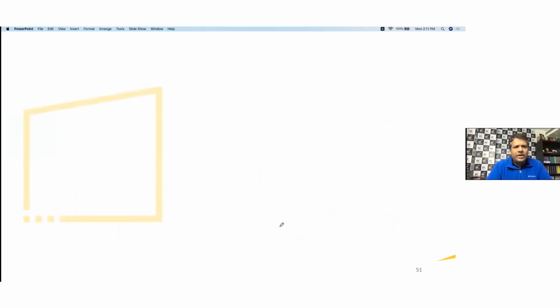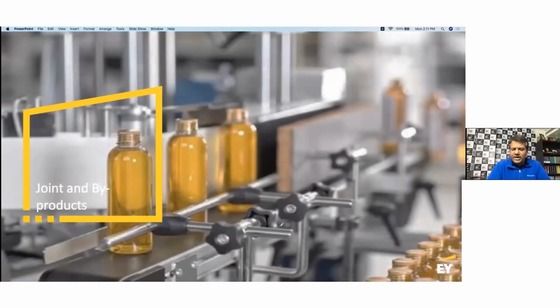So if there are joint products and byproducts, how do you get to the inventory valuation? Take what happens in a refinery process. When you're doing refining, the crude is the raw material which goes in, but you get petrol, you get diesel, all kinds of stuff which comes out in the refining process.